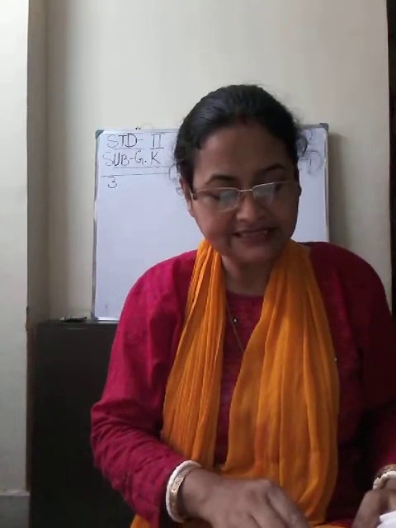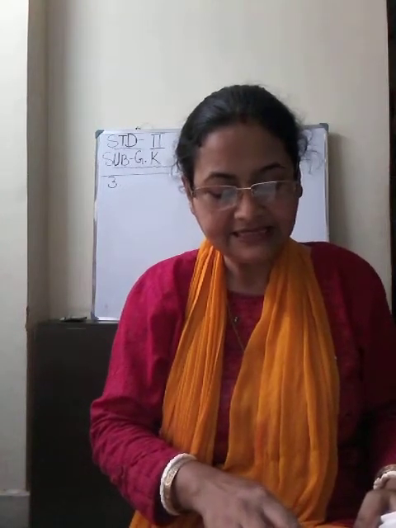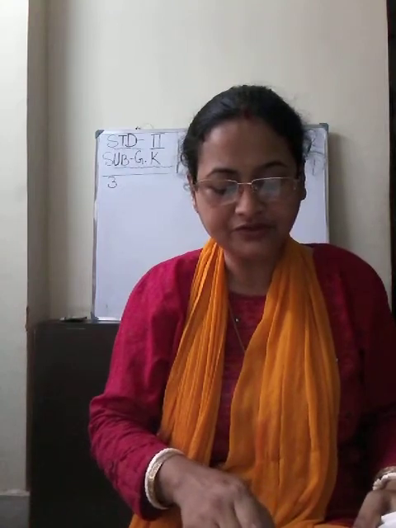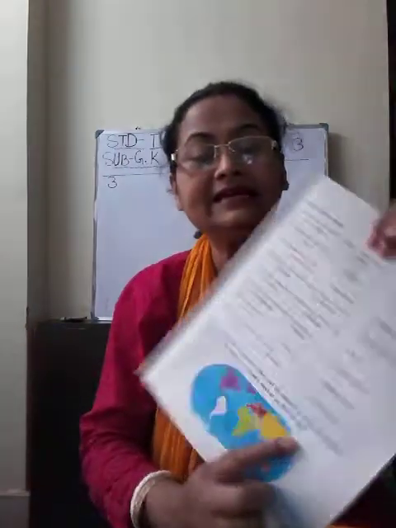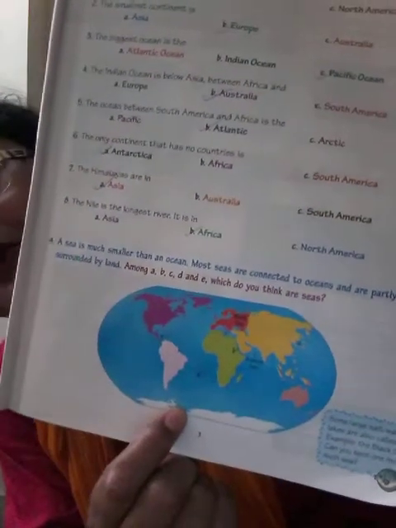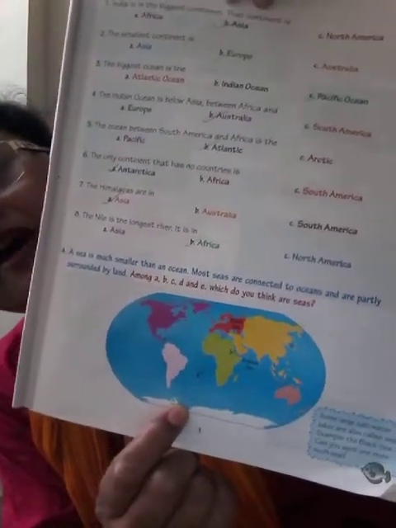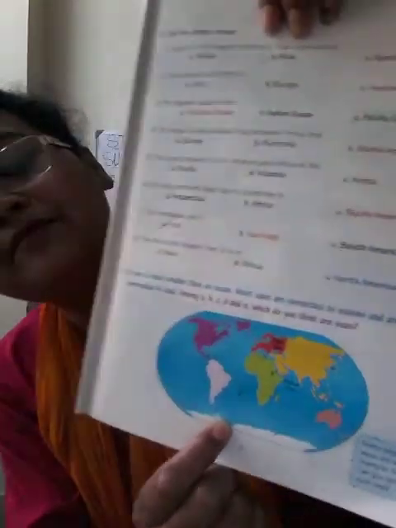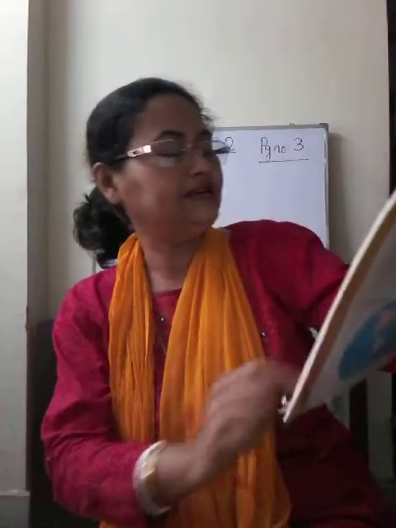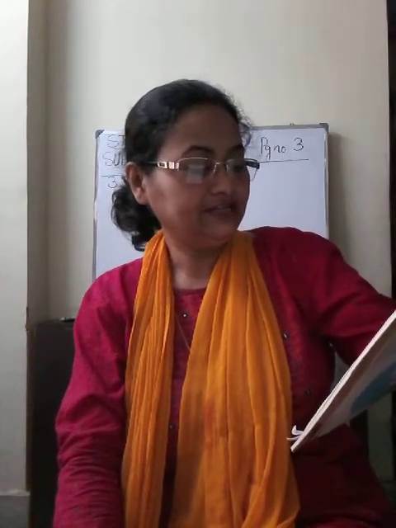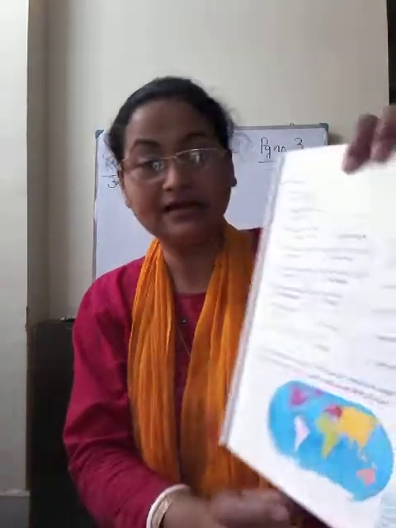Among A, B, C, D and E, which do you think are seas? See, here you have to go through this picture properly, minutely. You can see these letters marked here.